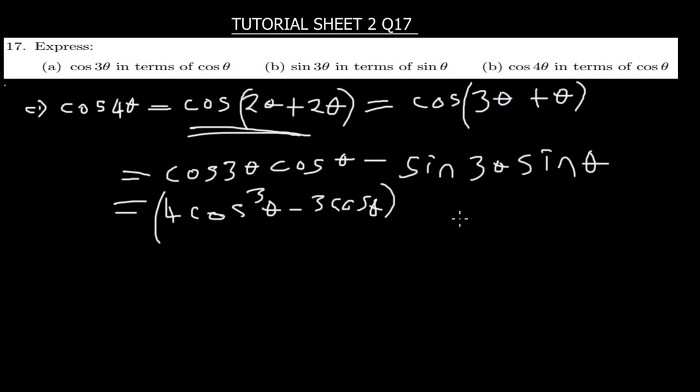Then you're multiplying that by cos theta, and then this sine 3 theta, we found it to be 3 sine theta minus 4 sine cubed theta.